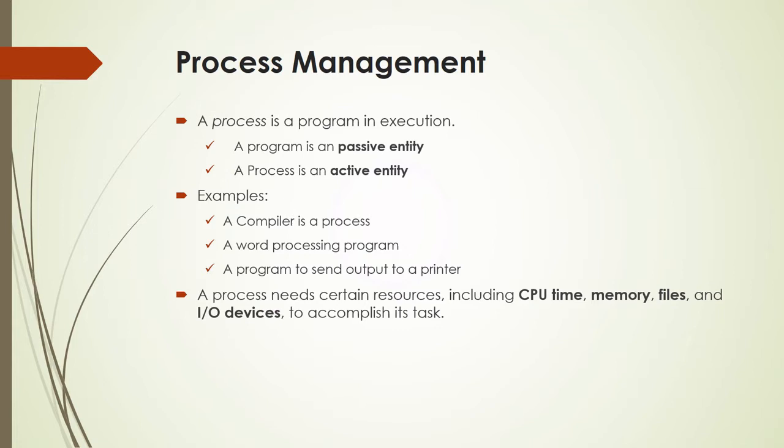So in all, we can say that for the media player it needs the time of the CPU, it must be allocated memory in the main memory, it needs to access the songs which are the files, and it needs to access the songs which are in the hard disk, which is an input output device, to run a particular song.